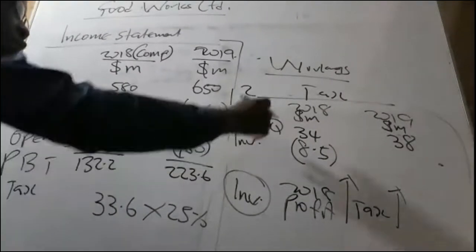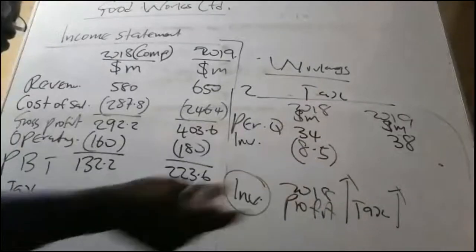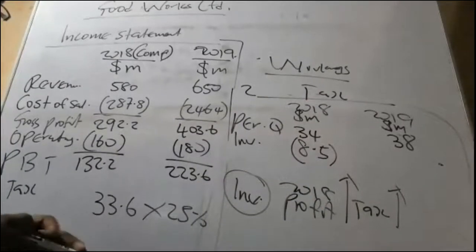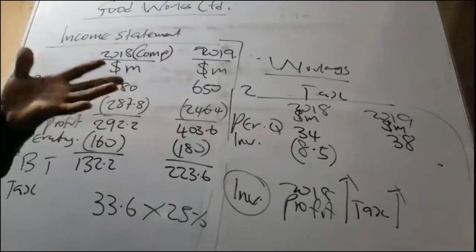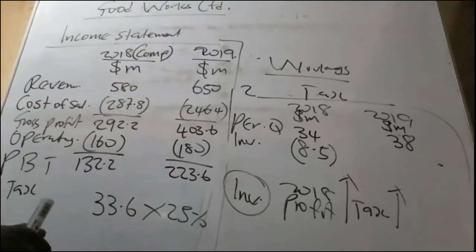And then in 2019 the opening inventory has been overstated, causing the understatement in what? The closing inventory. So the profit has what?